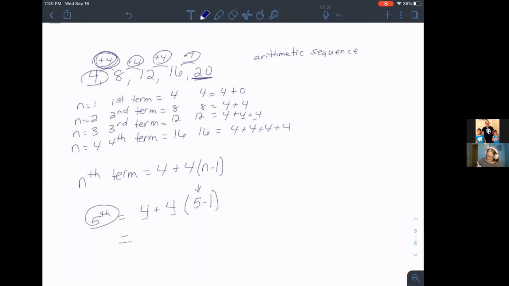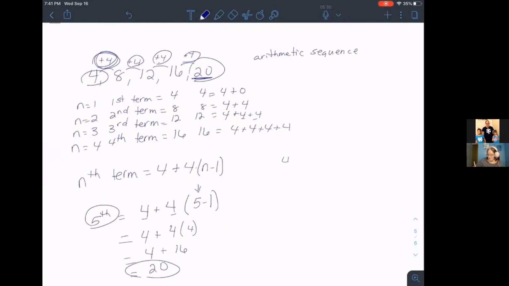That would give us 4 plus 4 times 4, so 4 plus 16, which is going to be equal to 20. So 20 and 20. I'm sorry if I messed up before.